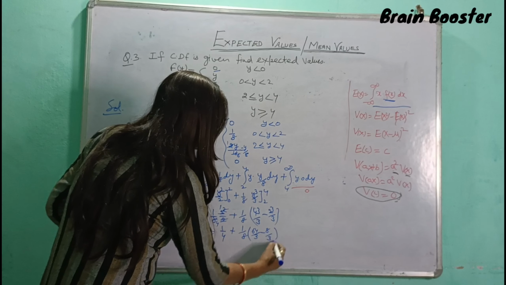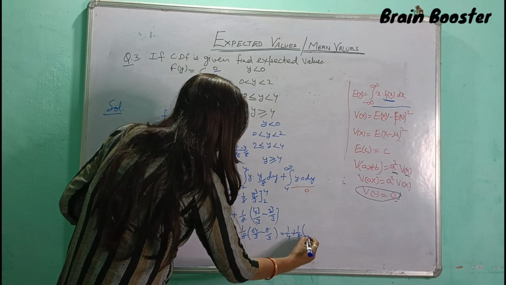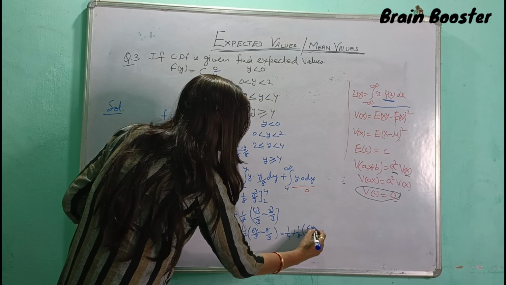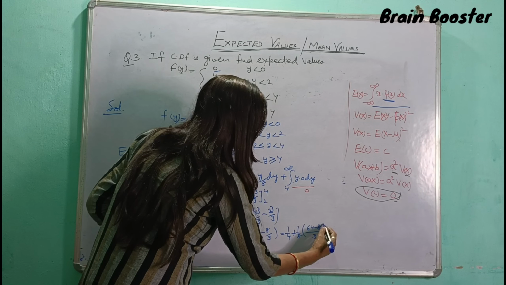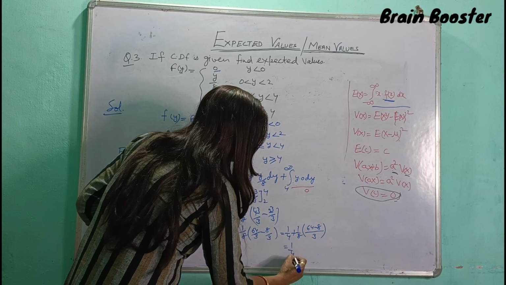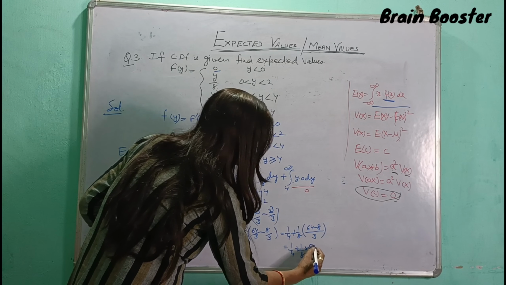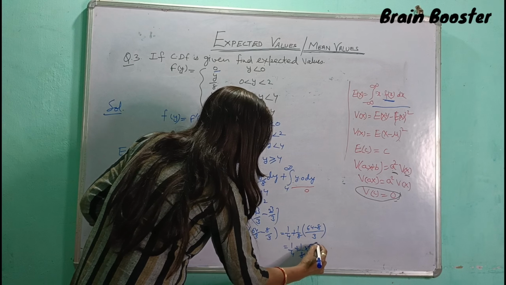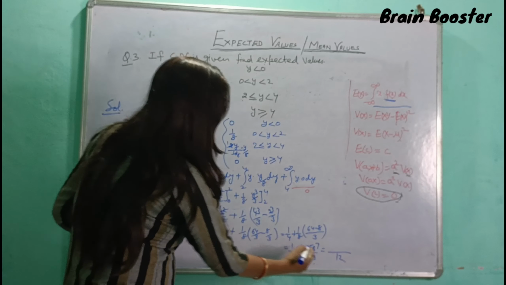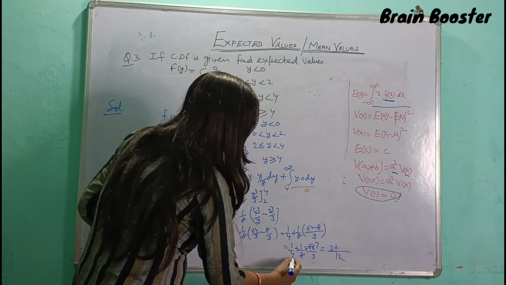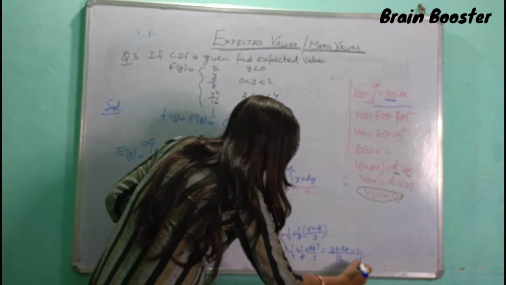Then we get 1 by 4 plus 1 by 8 into, taking LCM 3, 64 minus 8, that means 1 by 4 plus 1 by 8 into 56 by 3, which is 7 by 3. Take LCM of 4 and 3, 12. Here it will be 3 plus 28, that means 31 by 12.